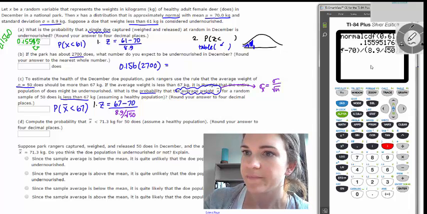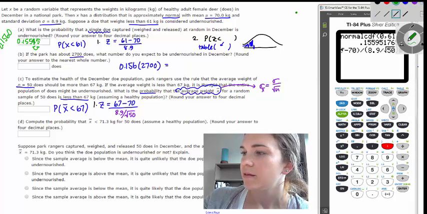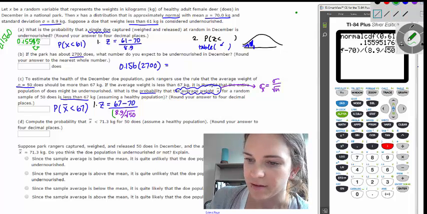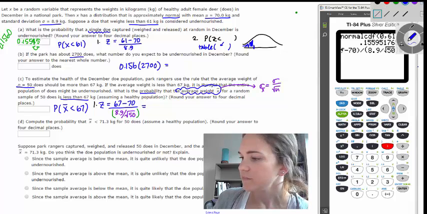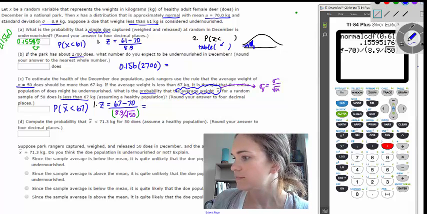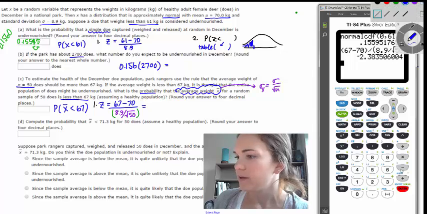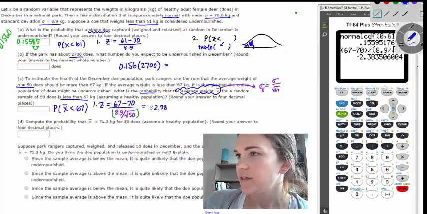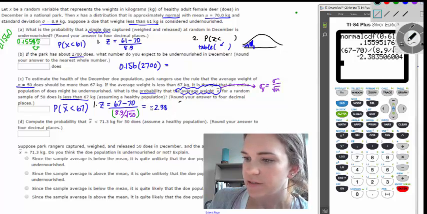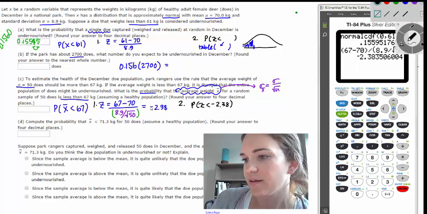So in the calculator we put parentheses here. That gave us a Z value of negative 2.38. Because it's still a left-tailed probability, we're interested in the probability that Z is less than negative 2.38.